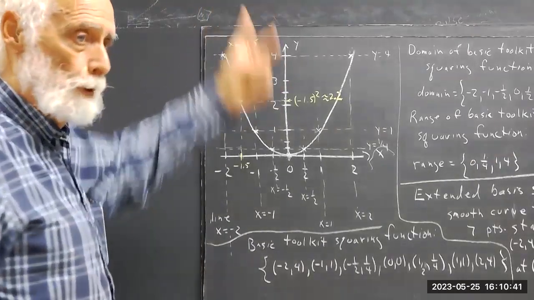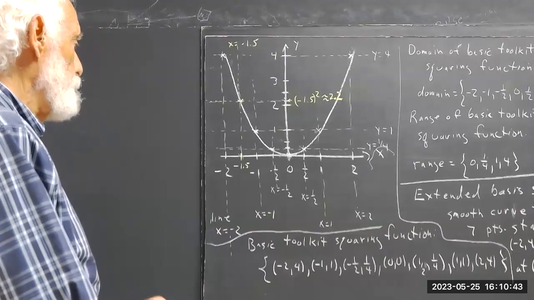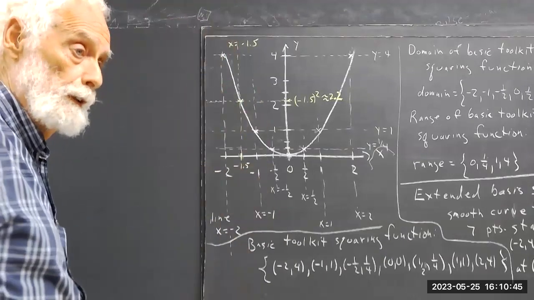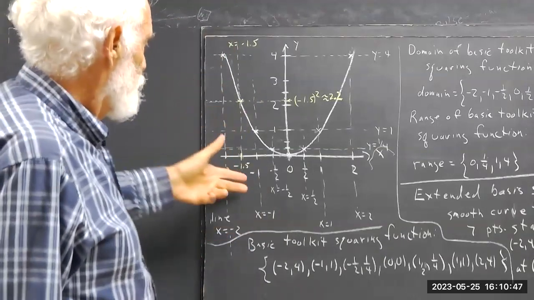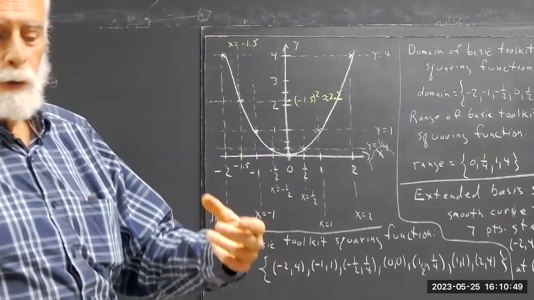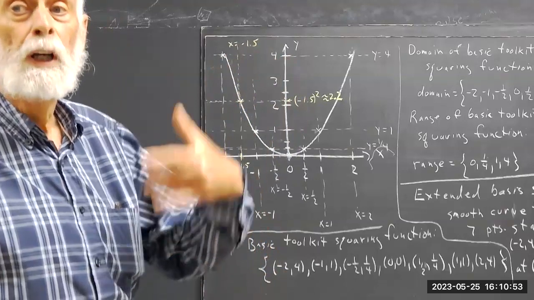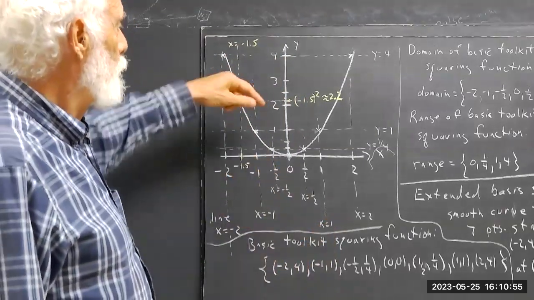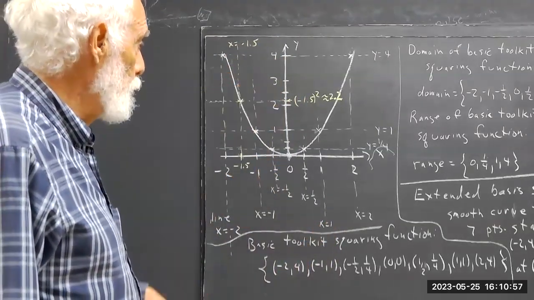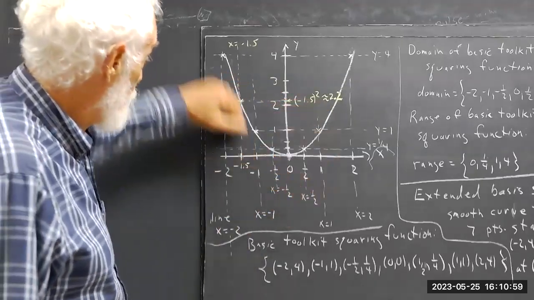Well, my graph isn't perfect. As a matter of fact, I know, and you can figure out very easily, that 1.5 is 3 halves, and if you square 3 halves, you get 9/4, which is 2 1/4. It's 2.25. It should be right on 2 1/4 there. It's a little bit low because my graph isn't perfect.